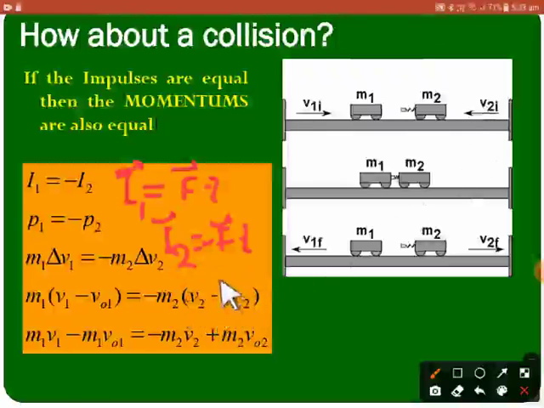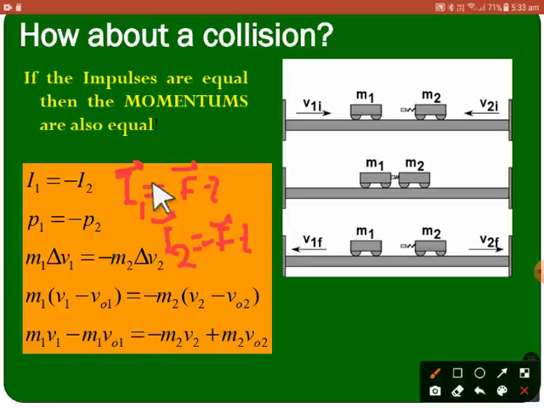The product of the change in velocity and its mass will give you the change in momentum of the second body. Now if you cross-multiply and transfer the initial velocity terms, from this relation m1 v1 will be there, and minus v01 is there.